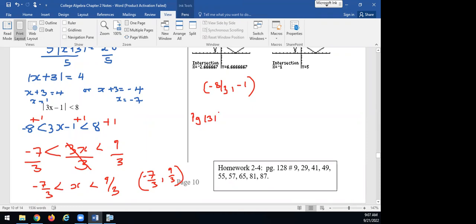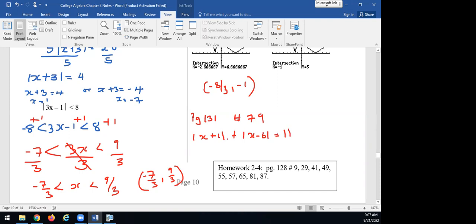Let me just double check what your homework problems are for 2.4. Yes, so we can do that one. So number 17(9). And it actually states that you have the absolute value of x plus 1 plus the absolute value of x minus 6 is equal to 11.